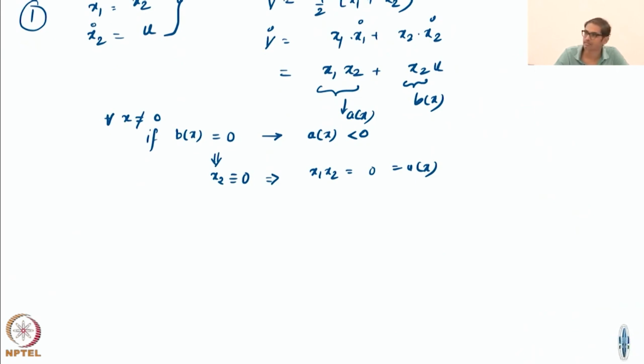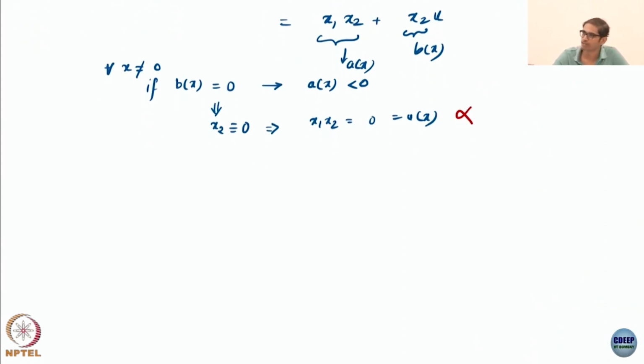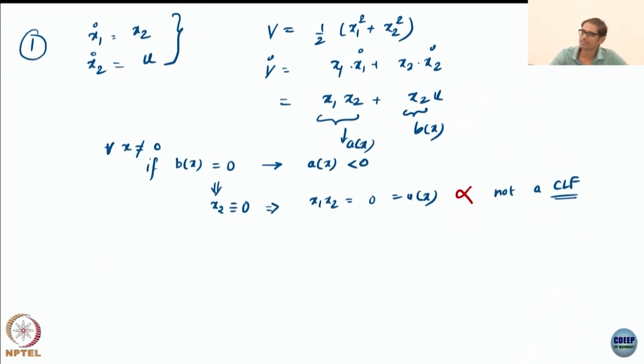It's not negative, because it's actually 0. A of x turns out to be actually 0. So not a CLF. Disappointing. Such a simple example we started with, and we failed here. So annoying.